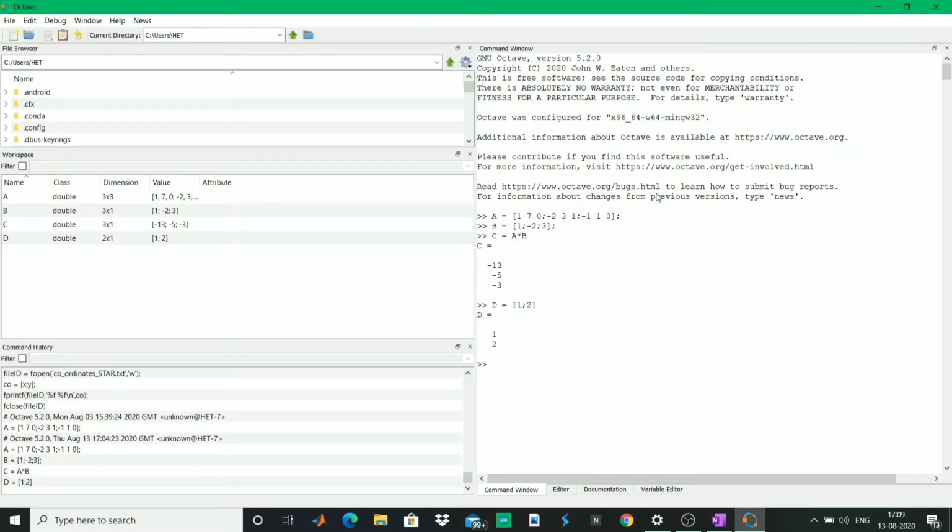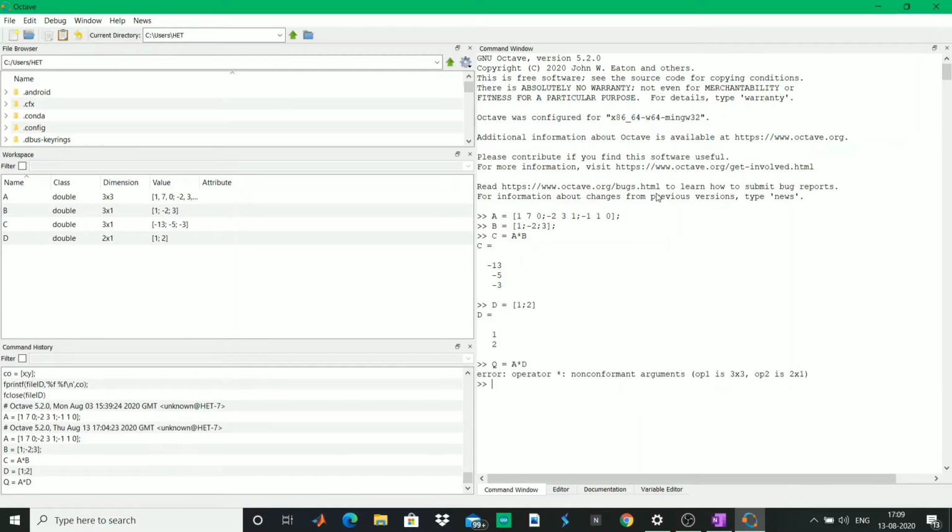As in rule 3, we must ensure that the number of columns of A, that is 3, should be equal to the number of rows of the second matrix, and the number of rows in the second matrix D is 2, hence the third rule is violated. When you do the matrix multiplication, you would get an error, nonconformant arguments, which means the number of columns of A does not match the rows of the second matrix. So this is all about matrix multiplication.